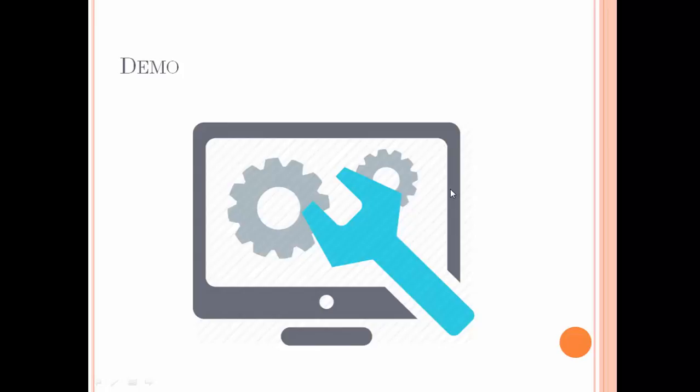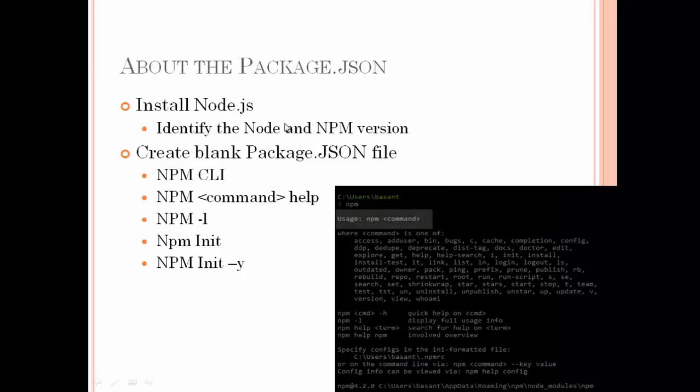In this demo, we are going to cover the basic package.json. So first, we are going to install the Node.js server. Then we will go through the process of how we can create our first project, what is a package.json, and what are the NPM CLI command line interface commands.